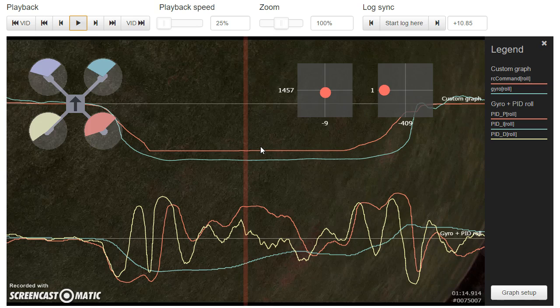Reason being that as you increase D, you're going to increase the noise, the amplification of noise. So if you bump your D up by 10, I'm just pulling these numbers out of thin air, but if you were to bump your D up by 10, maybe you'd have to decrease your D term cut hertz by 1 from 11 to 10 perhaps.